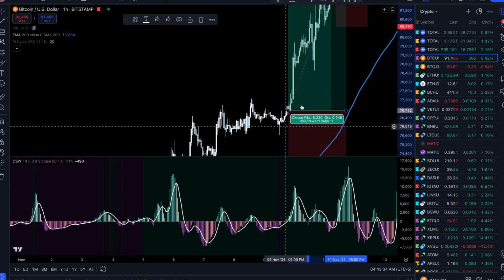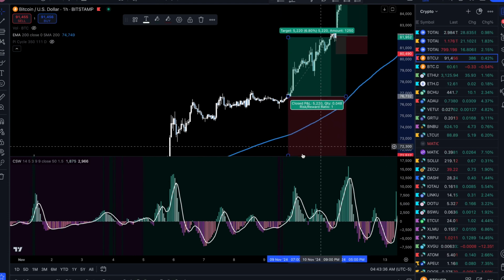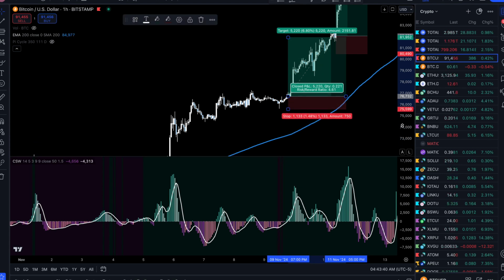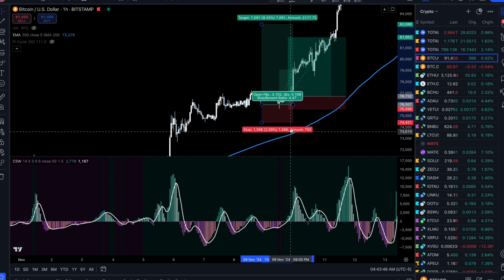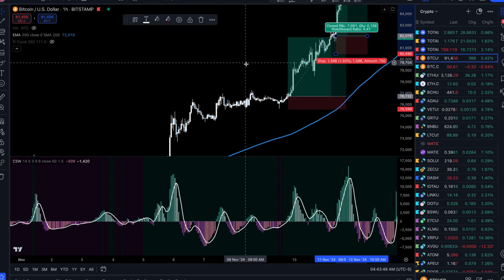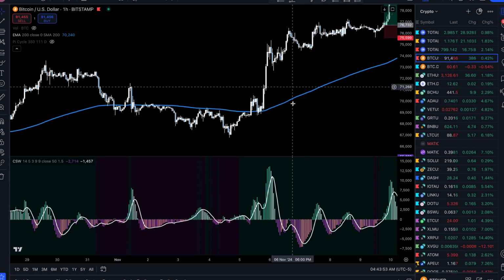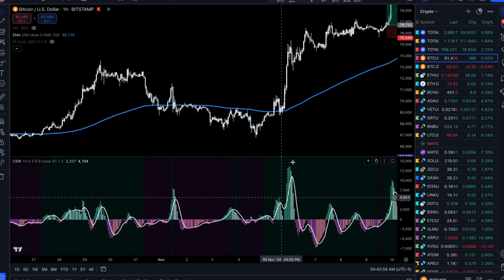Bam. Fix it up a little bit. I don't want it to go below this wick, all the way up. Now we have 6%. Now I want to move that. Let's say one more.